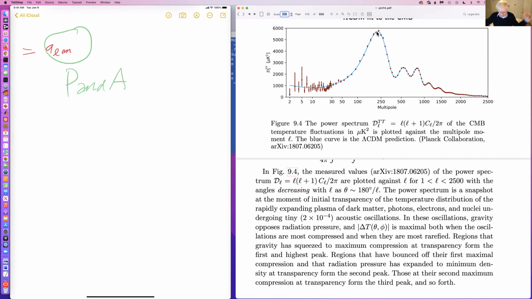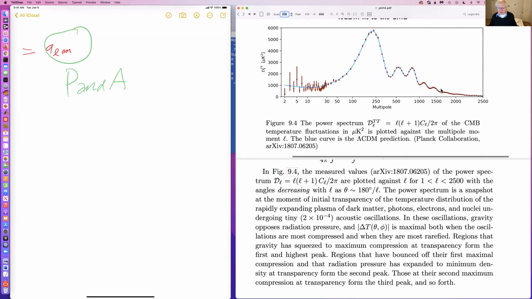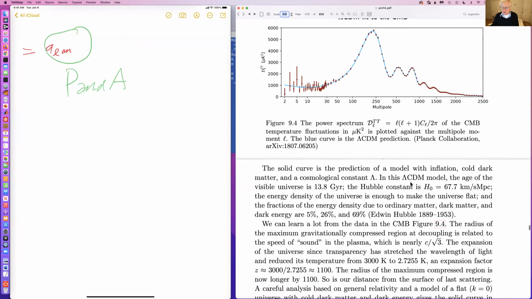So that's the first peak, showing the regions that are collapsed at the moment of transparency. On the other hand, regions that have bounced off their first maximum compression and that radiation has expanded to minimum density form the second peak. And then the third peak is maximum compression, maximum rarefaction, maximum compression, and so forth. So that's basically the way that's to be understood.